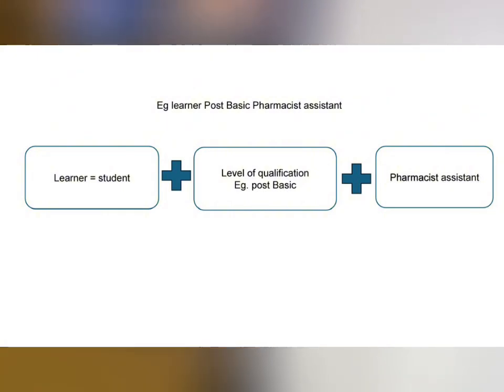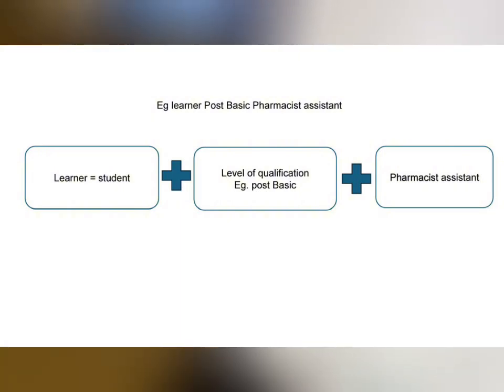Basic pharmacist assistants are those that have completed their first year, and post-basic pharmacist assistants are those that have completed their second year. If there is a learner in front of their name, it means that they are still a student, and the name after is the name of the qualification they are studying towards.